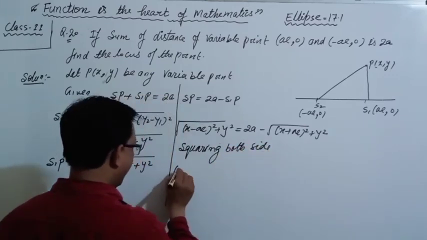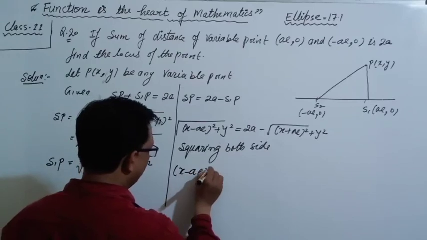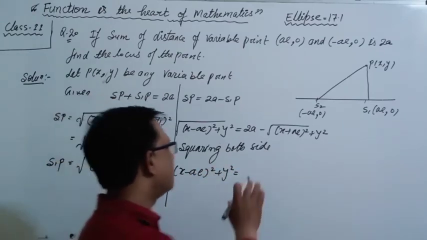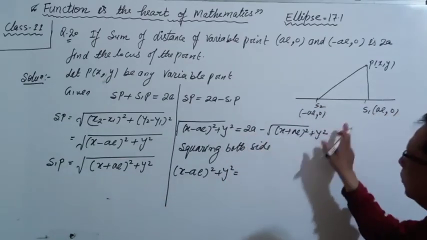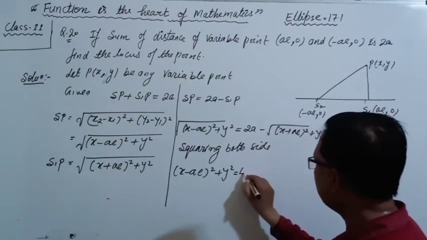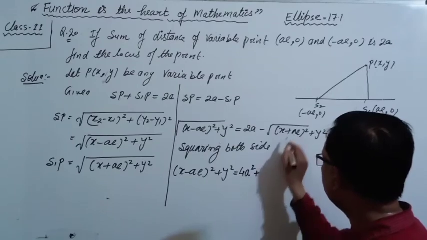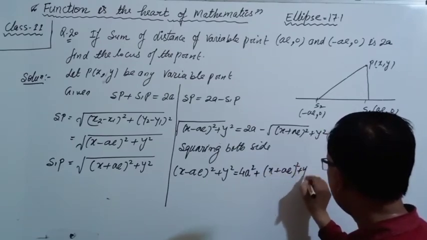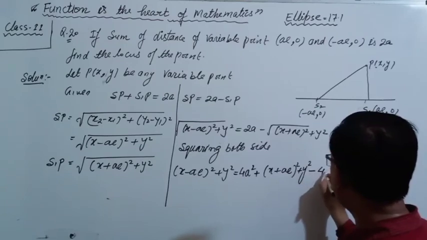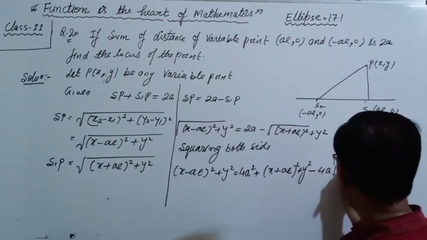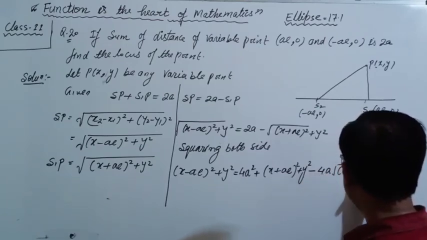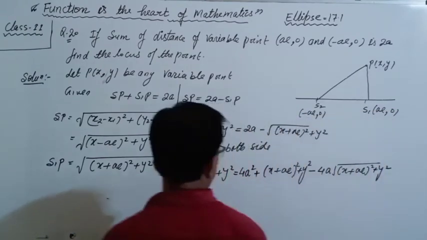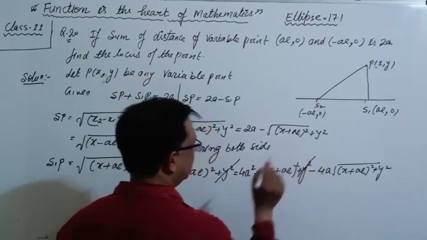We get (x minus ae) whole square plus y square is equal to, here we apply the formula (a minus b) whole square, so this is a square plus b square minus 2ab. Now students, this cancels out.